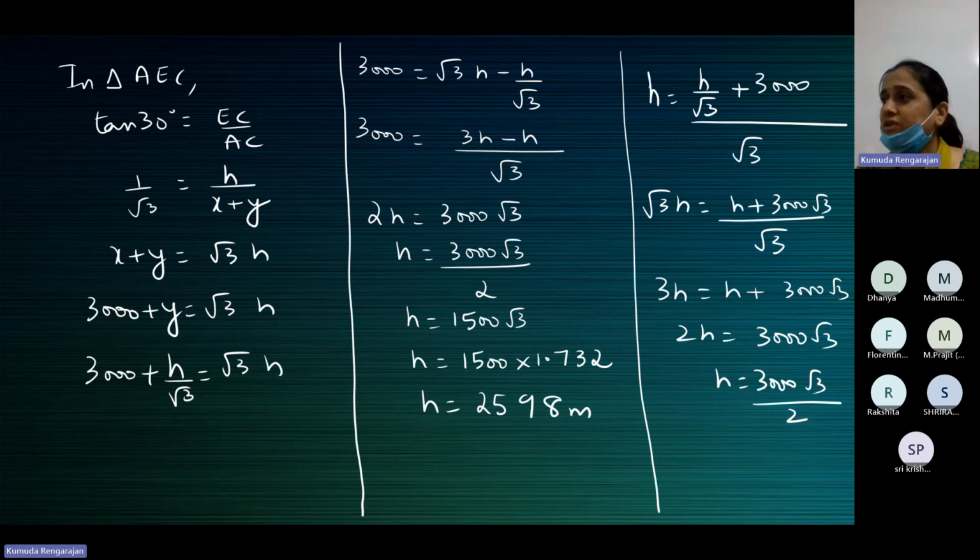H by root 3 is not free. It's associated with 3000. Whenever the connector is a plus or a minus, you cannot handle them separately. Root 3 cannot come down like that. So that should be simplified. That's the mistake.